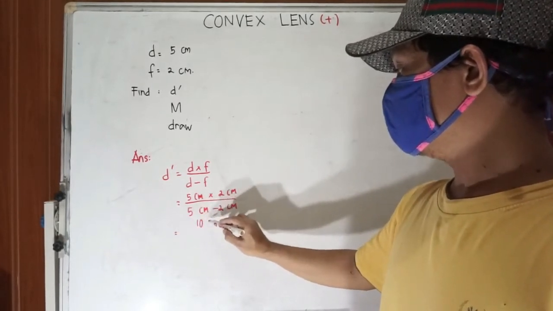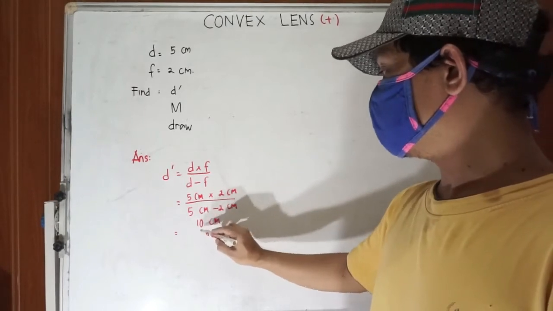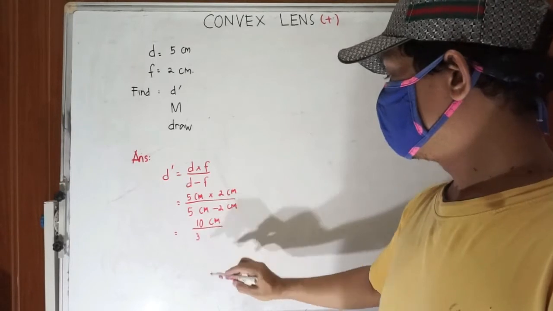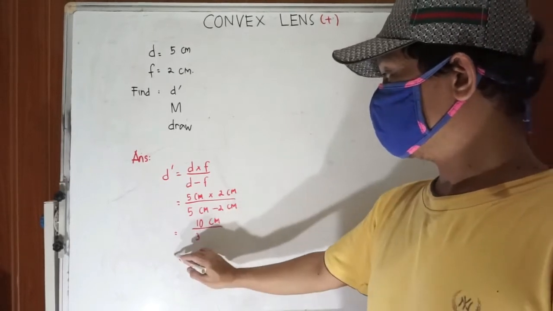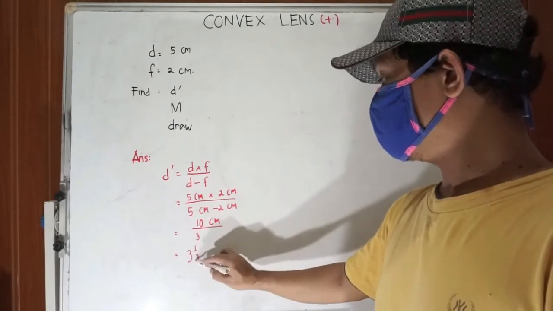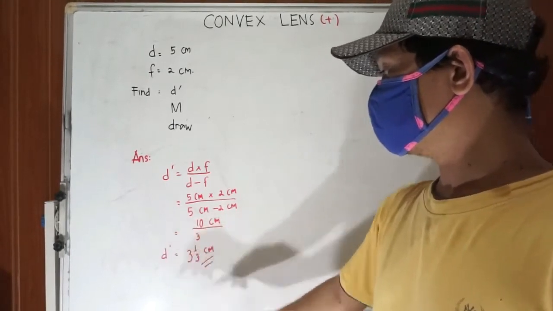So 10 cm over 3, and then we can simplify. 10/3 cm. That's D accent.